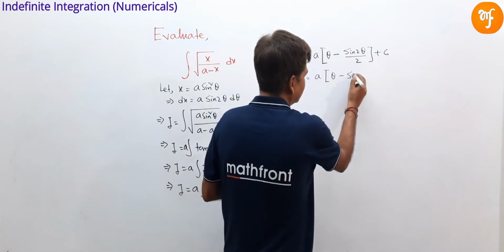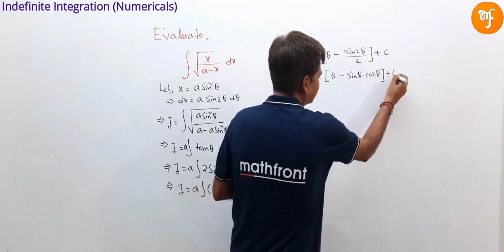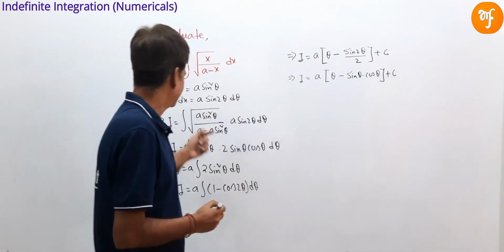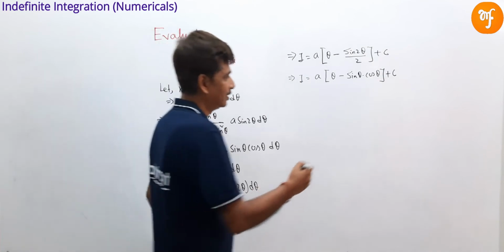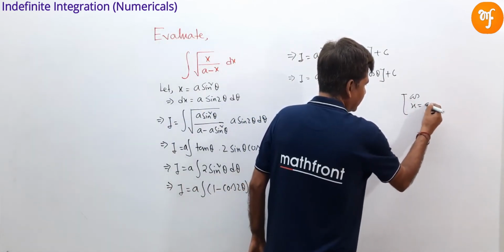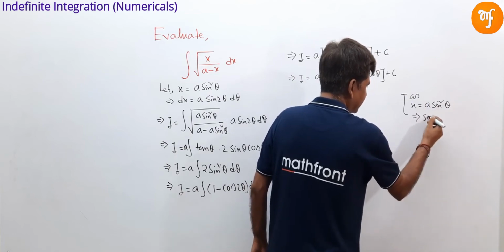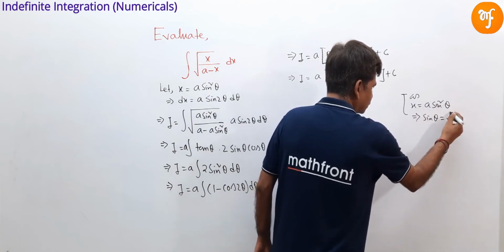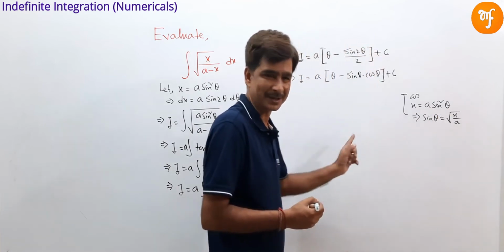So sin theta into cos theta plus c. Okay. So here we have to use x is equal to a sin square theta. So as x is equal to a sin square theta, from here we can write sin theta is equal to square root of x by a. Is it? So we can use this.